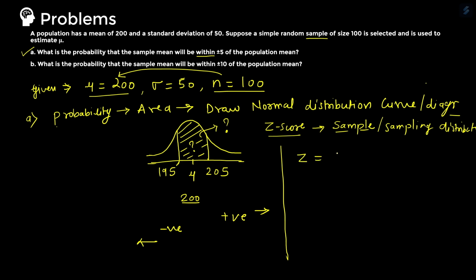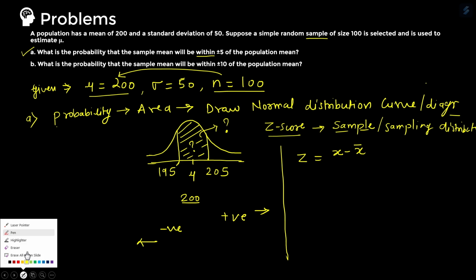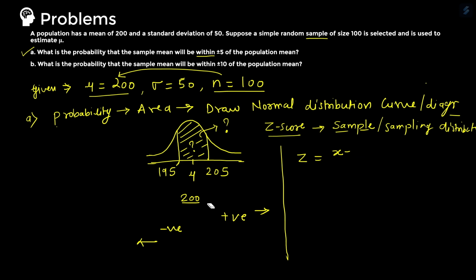This is our z, which is equal to x minus mu divided by sigma, but we will use sigma x bar. We will divide this whole thing by sigma x bar. Why? Because we need standard error over here. So let's calculate the standard error also.